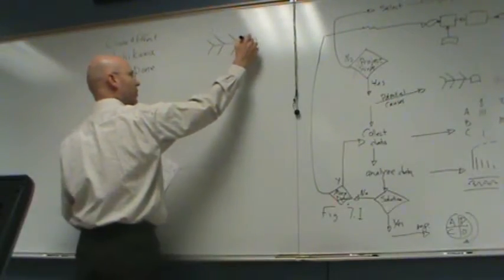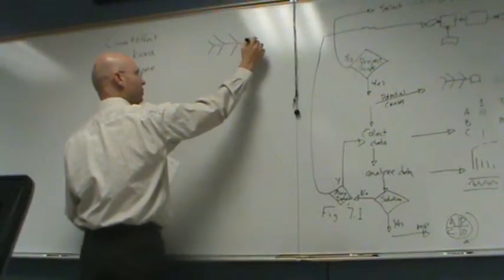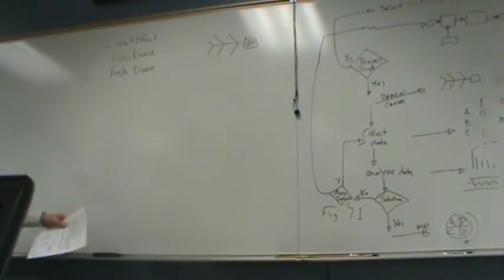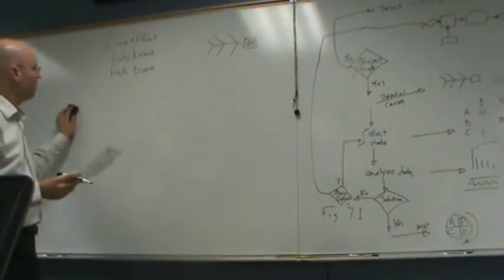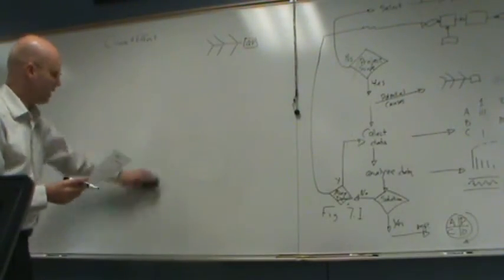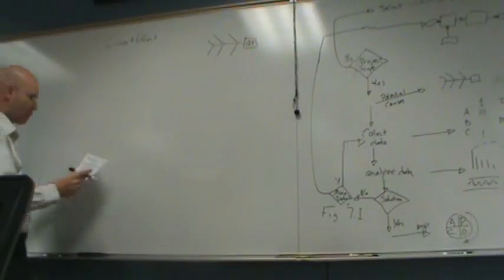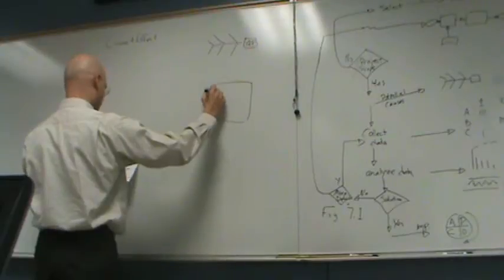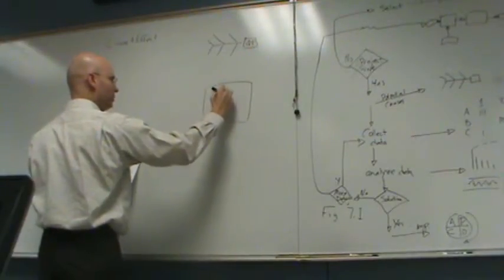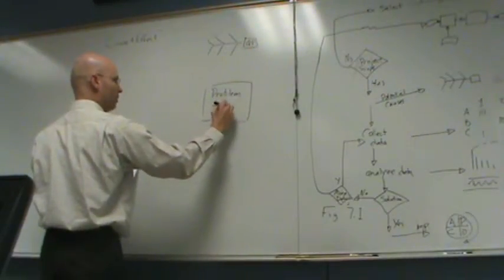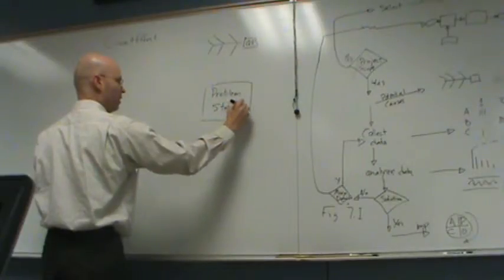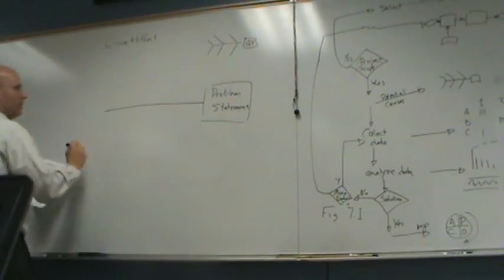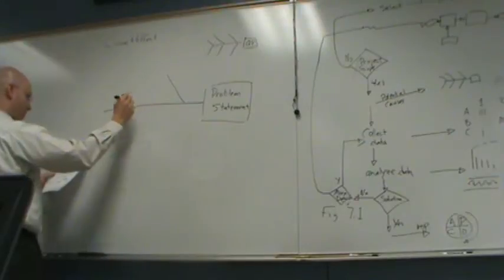So here's where you have your quality issue or quality problem as the head, and then each of those bones coming off of that. So we're going to break this diagram into some major pieces. So we're going to start with our problem statement. That is the head of the fish.